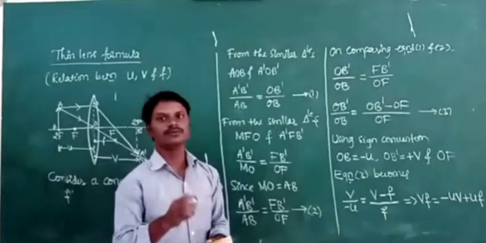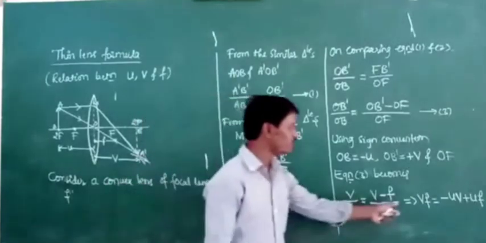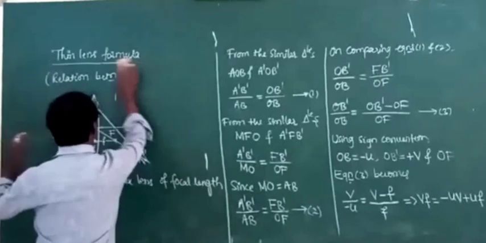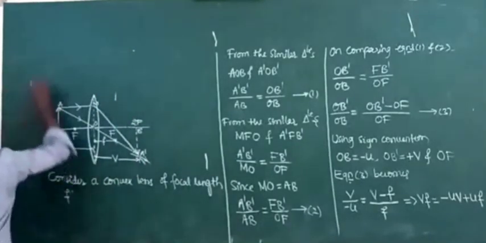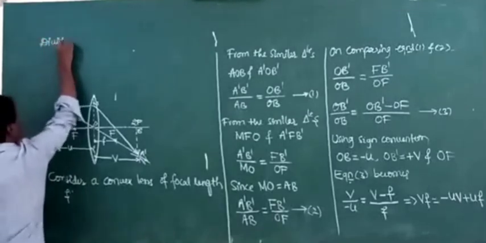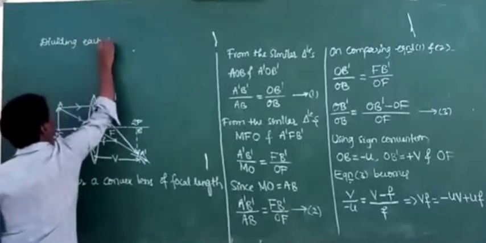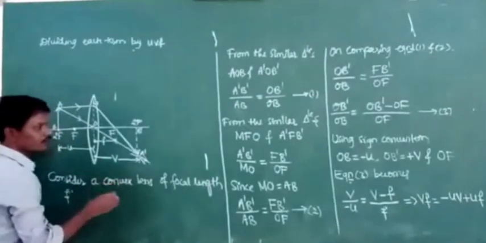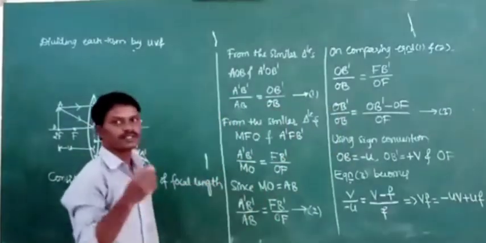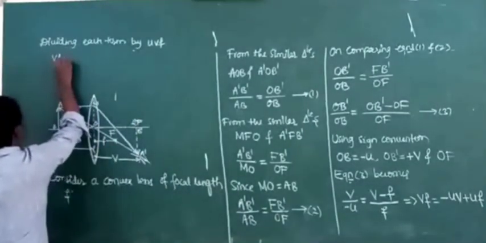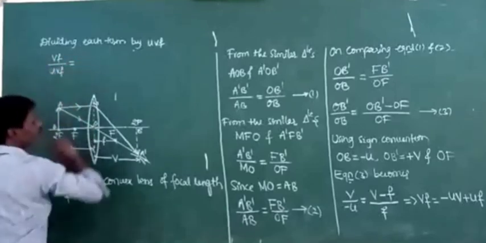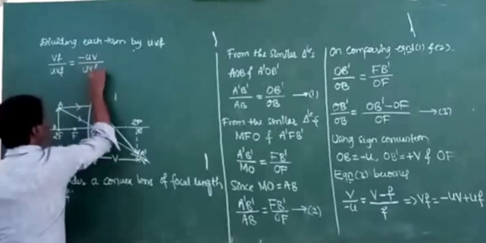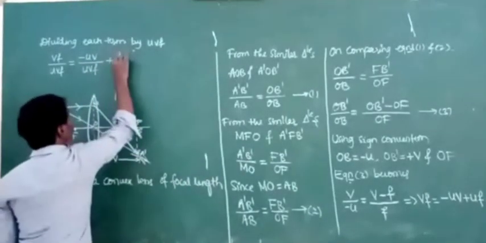Then dividing each term by U into V into F, as in the case of the mirror equation, we will get the relation between F, U and V. So VF divided by UVF is equal to minus UV divided by UVF, plus UF divided by UVF.